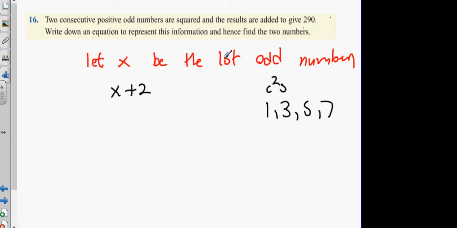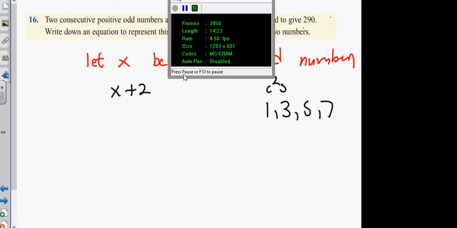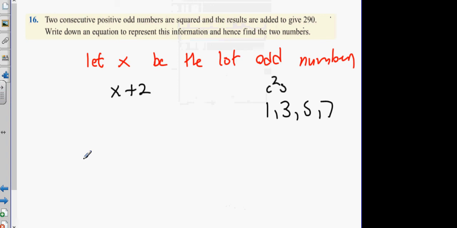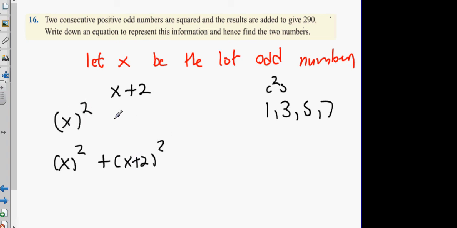Now, let x be the first odd number, x plus 2 is the second odd number. So what we're going to do is we have to square them first. So we're going to get x squared plus x plus 2 squared. After we square them, we're told to add them. And when we add them, the result is 290.